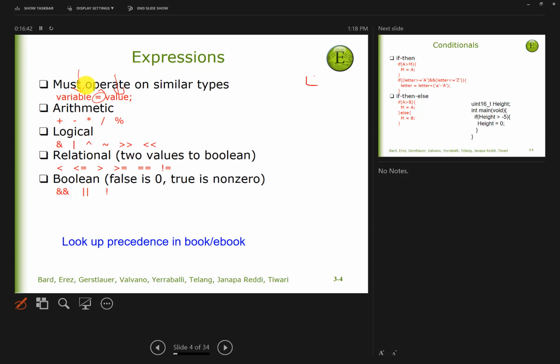You don't want to store minus 100 into an unsigned variable. That doesn't make sense. That's a mistake. The same thing applies when we add, subtract, multiply, divide, and take modulus. By and large, we operate on the same type, so we decide on a type for our equation and perform that same operation.